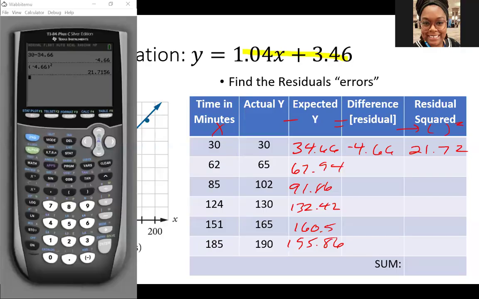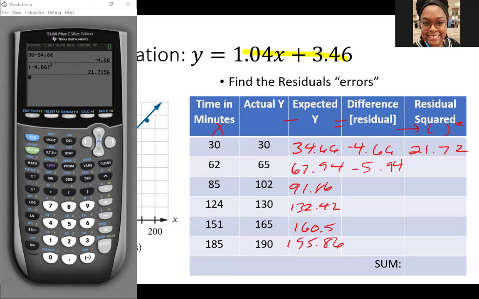So for x equals 62, what was the residual? Negative what? Negative 5.94? Negative 2?